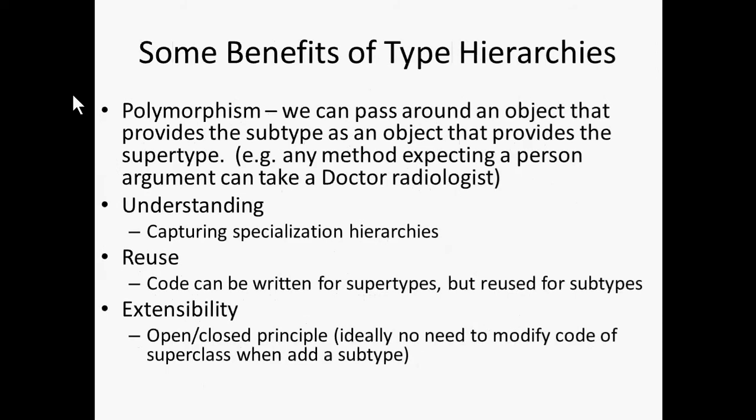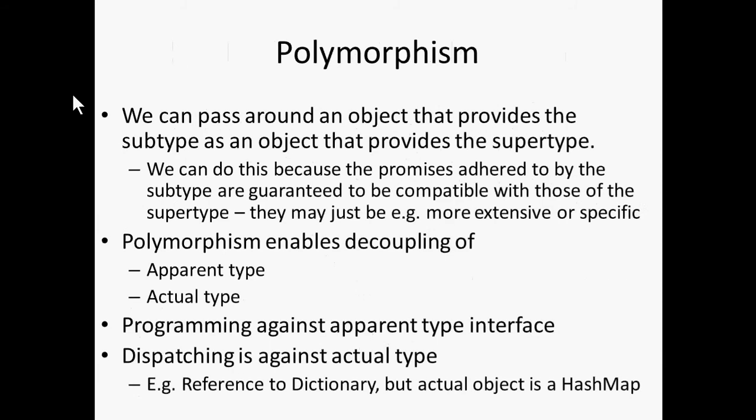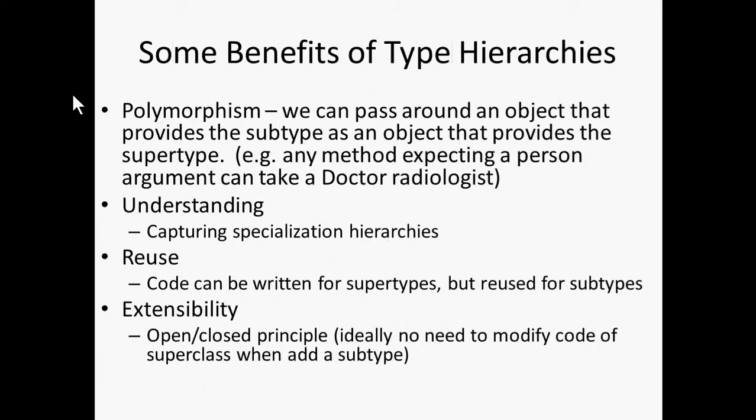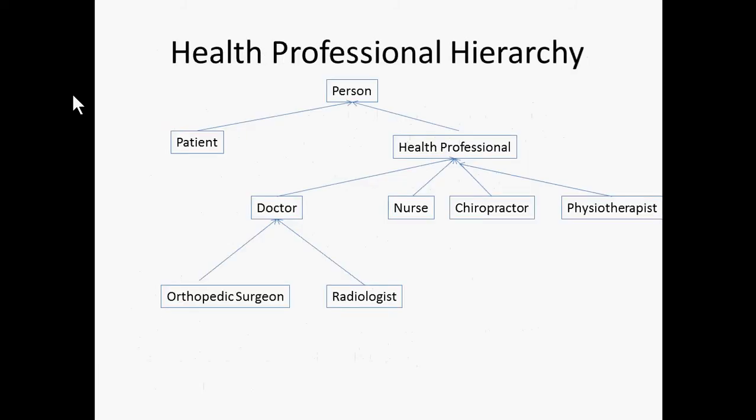There's a particular mechanism called polymorphism, which AnyLogic uses as part of it. If you have a function which takes in an instance of a class, say person, you could pass in a reference to a radiologist as that. You could pass in a reference to a nurse as a person.